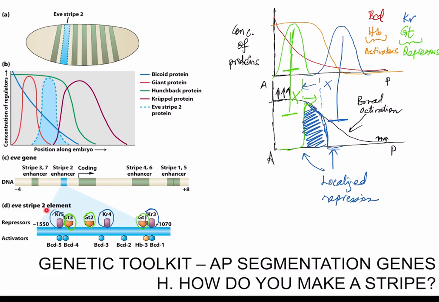Therefore, during development, what is happening is that this combination, this code or the body plan, is being read from the genome through the regulation and expression of these genes that get expressed in these progressively refined patterns and ultimately instruct the Hox genes that then instruct the genes that define the identity of particular segments.